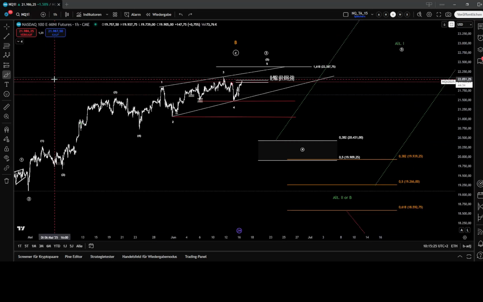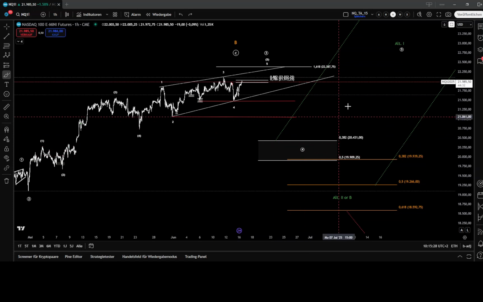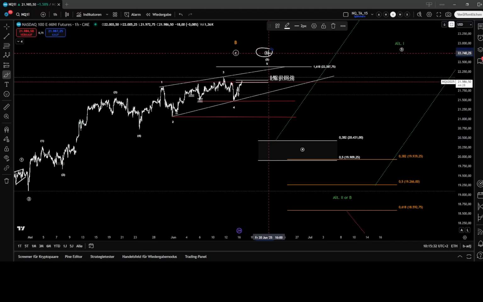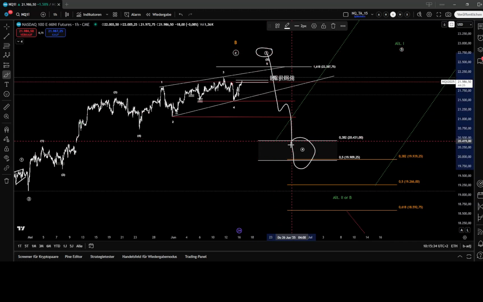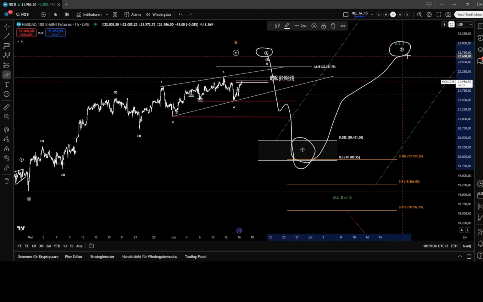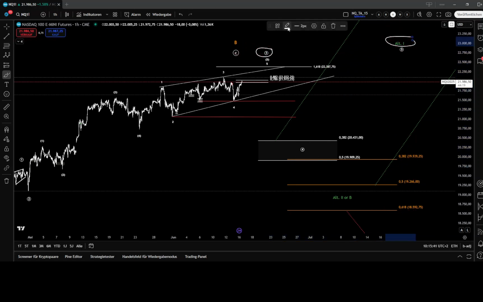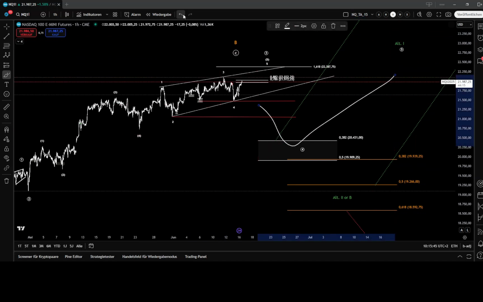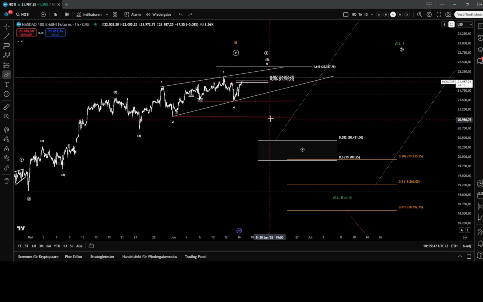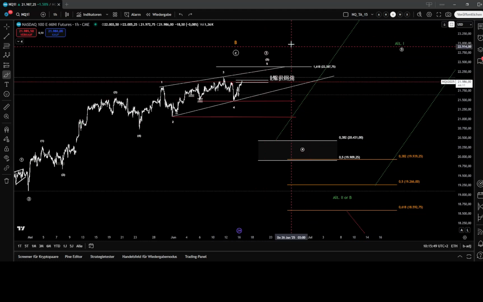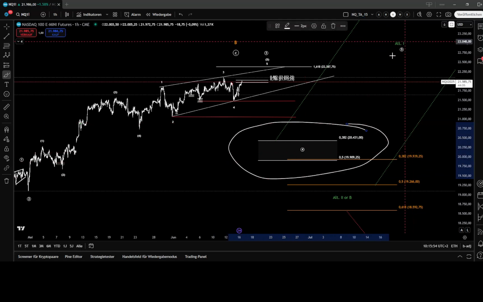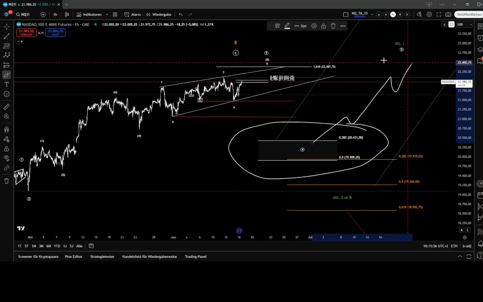The idea is still that we need one more high, okay, and that we're only finishing here with that move, the circle wave 3, then we should get a circle wave 4, and another move to the upside in circle wave 5 that finishes green wave 1 up here, okay? As long as we're not getting these 4, 5 again, it's questionable that we are moving higher. I mean, short term, definitely yes, at the moment. But the pullback afterwards will tell us a little bit more about the structure that will develop, okay?